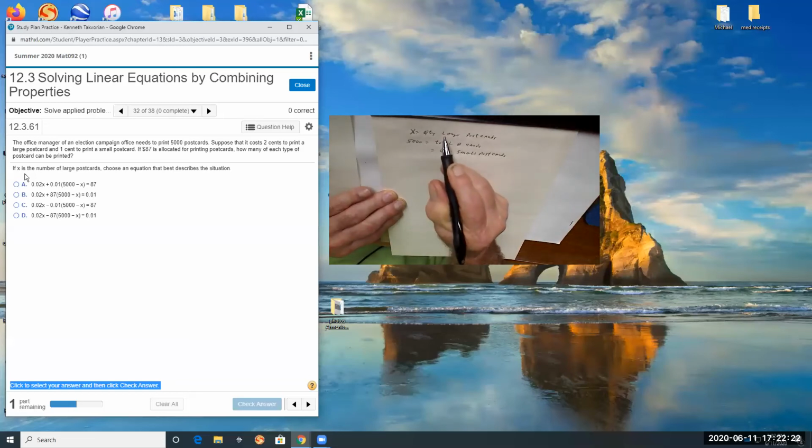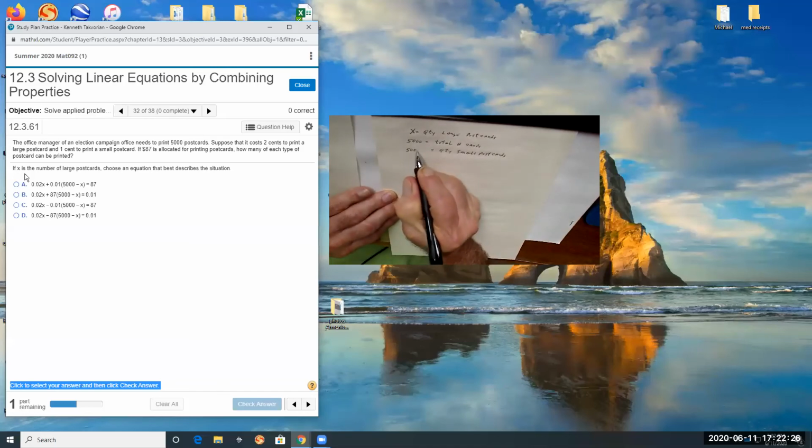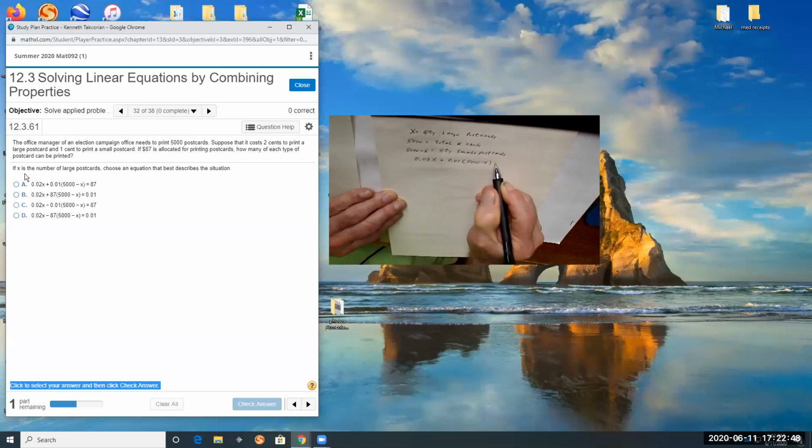If I take the quantity of large away from the total, I get the number of small postcards, 5,000 minus x. So now we've clearly defined the quantity. It costs 2 cents for the large, 0.02x. It costs 1 cent for the small, 0.01 times (5,000 minus x). And the total amount we can spend is $87.